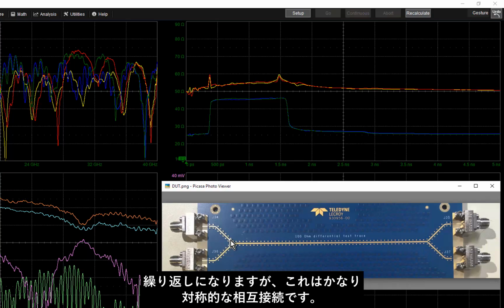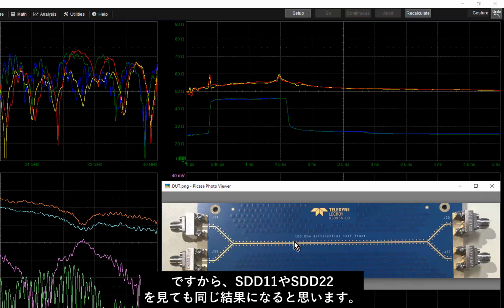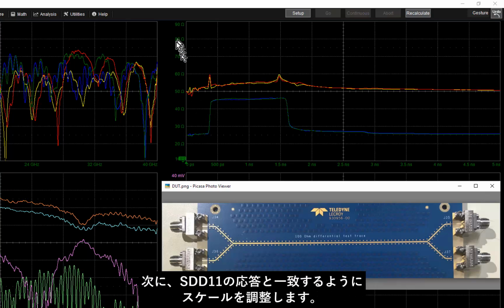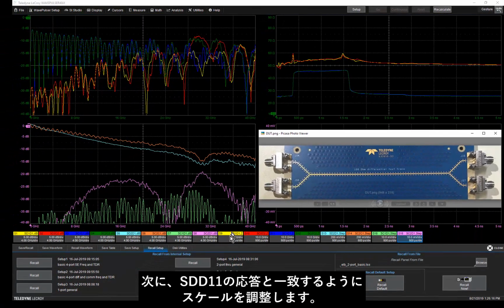And again, it's a pretty symmetrical interconnect, so I would expect to see the same thing looking at the STD11 or STD22. And sure enough, here in red and yellow are the differential TDR responses. Now, I'm going to adjust the scale so that it matches the STD11 response.